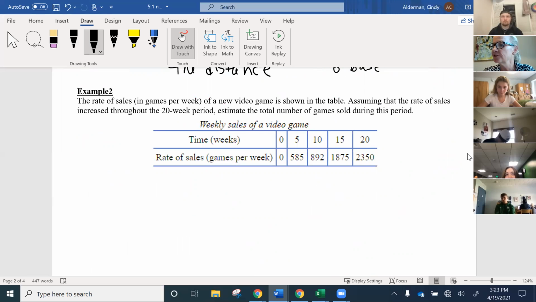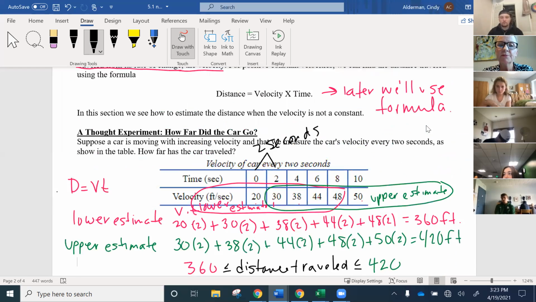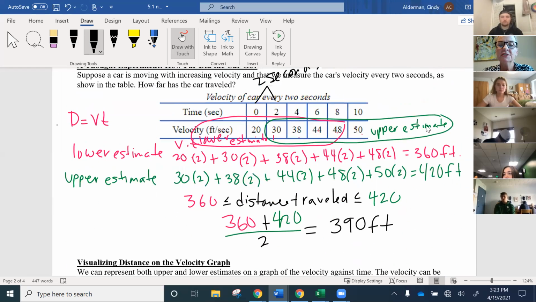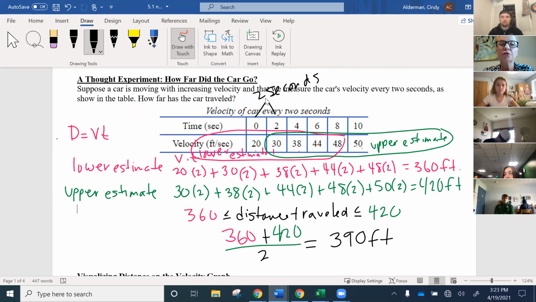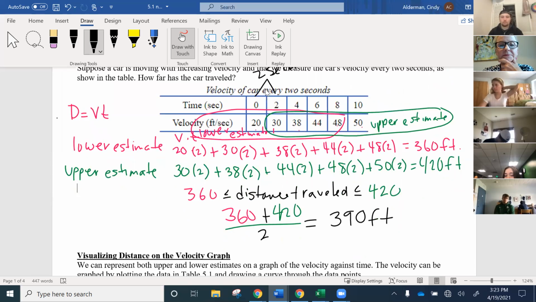It's kind of like how fast are you going. It's just another rate. And what I want to know is the total number of games sold during the period. Just like here, I was after the total distance the car traveled.